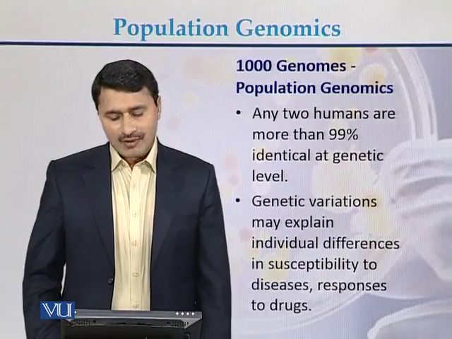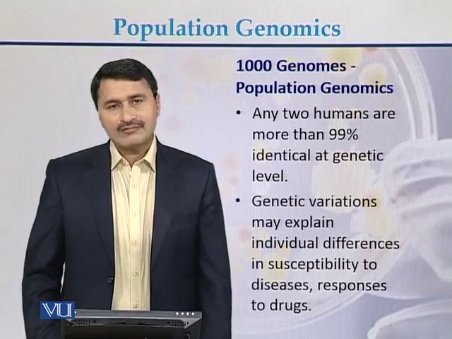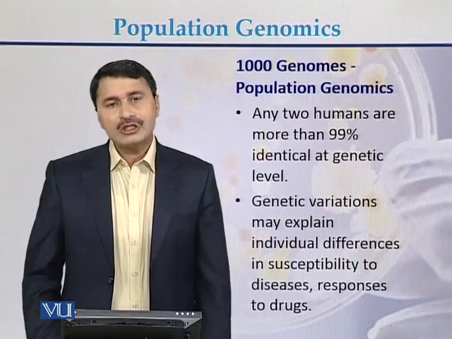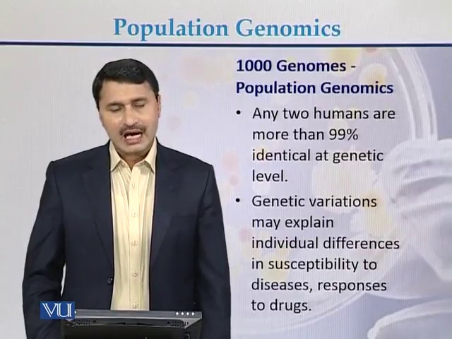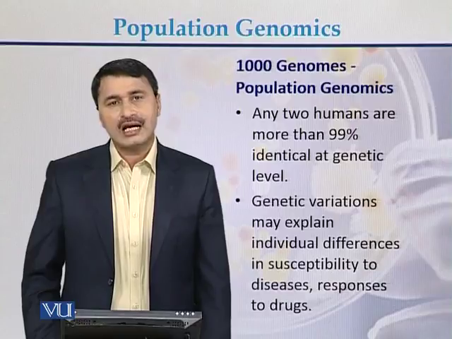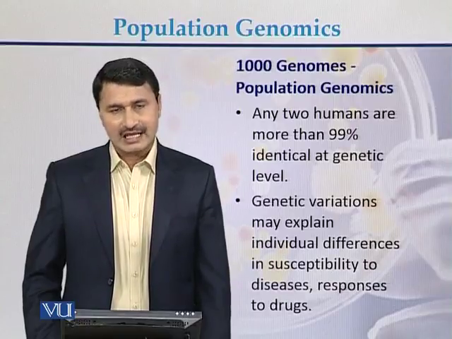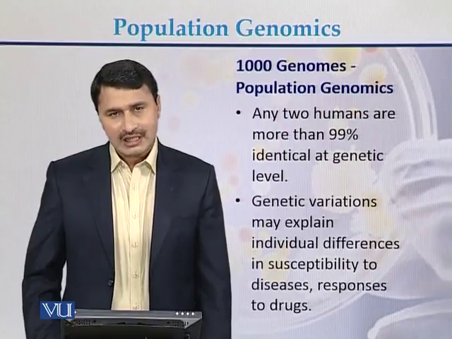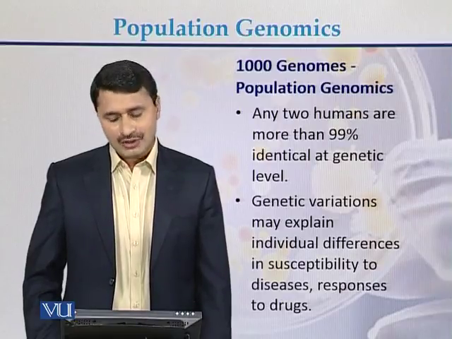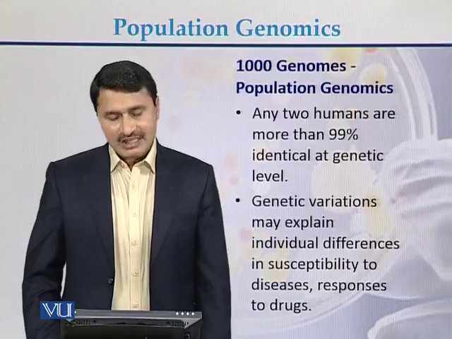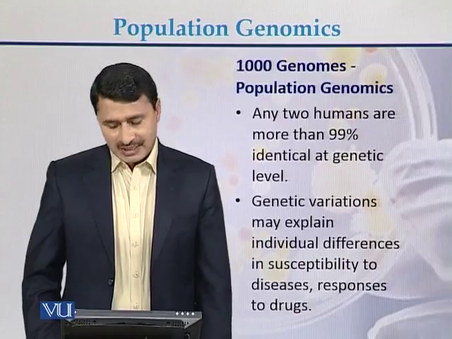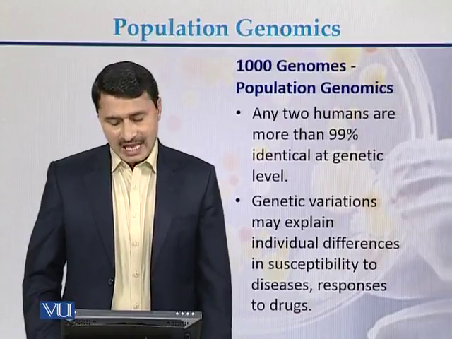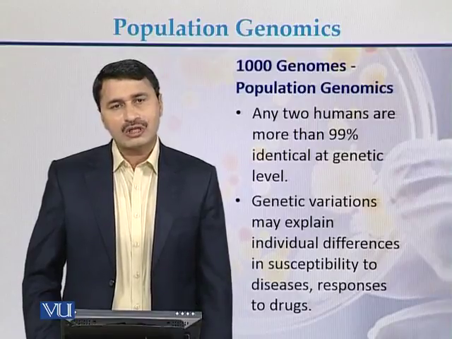It was evident that any two human beings are 99% identical at the genetic level. Genetic variations found in the 1000 genomes project have revealed susceptibility to diseases as well as response to drugs.